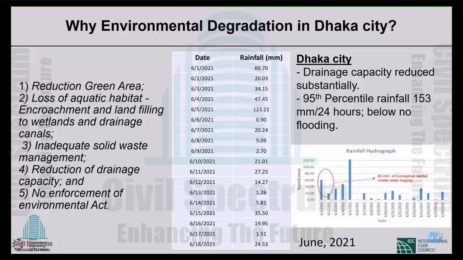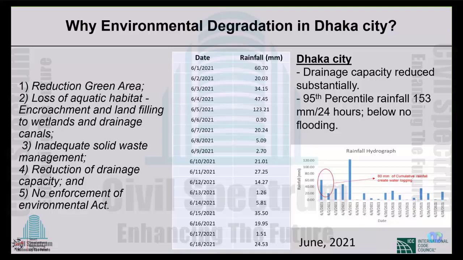If you calculate, that is approximately 153 millimeters for 24 hours of rainfall. On 2nd June of 2021, we found a lot of areas, Mirpur and other areas, went underwater even with 80 millimeter rainfall. Imagine, it is not even extreme. It's normal, expected.